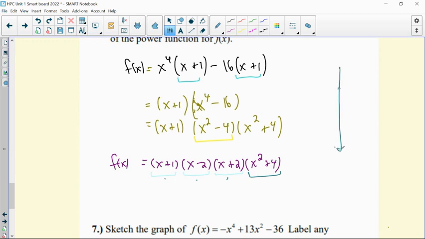So when I sketch this, I'm going to keep track of: there's a 0 at 2. There's a 0 at negative 1. And there's a 0 at negative 2.